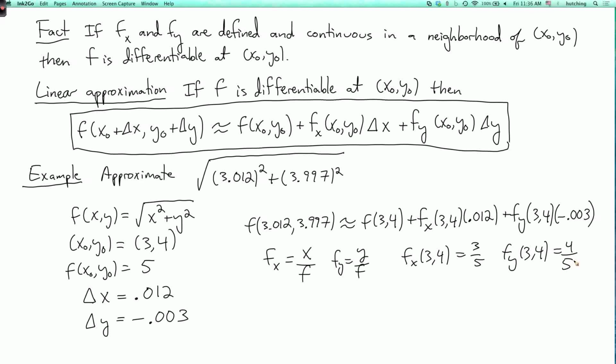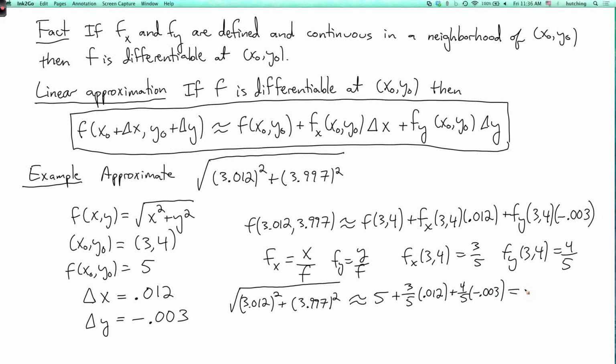So the result is that the square root of 3.012 squared plus 3.997 squared is approximately 5 plus 3/5 times 0.012 plus 4/5 times minus 0.003, and when you work it out, it comes out to be 5.0048.